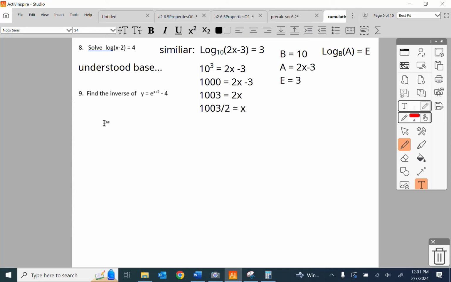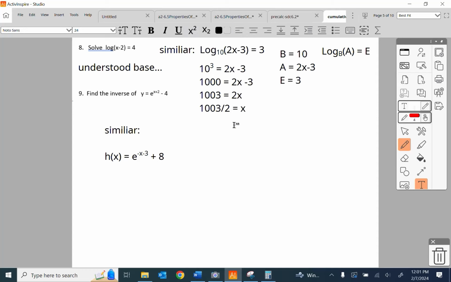All right, 9, we need a similar one. Similar is going to be, let's just use function notation. H of x is e raised to, let's do a funky exponent, negative x minus 3. And let's change that to plus 8.